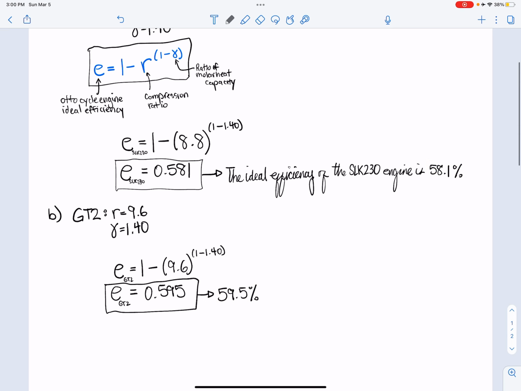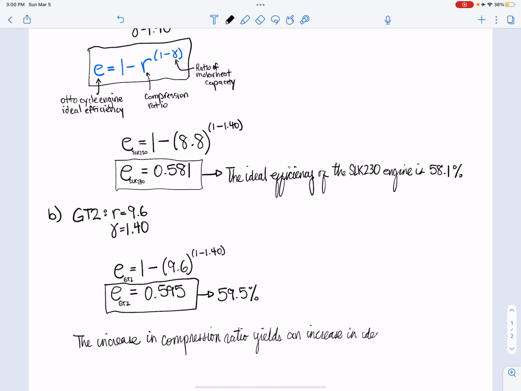If I compare that, I would say that the increase in compression ratio yields an increase in ideal efficiency of 1.4%.